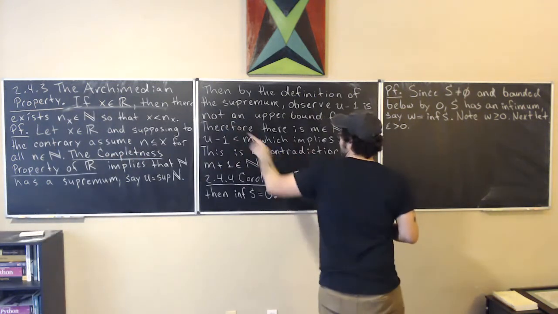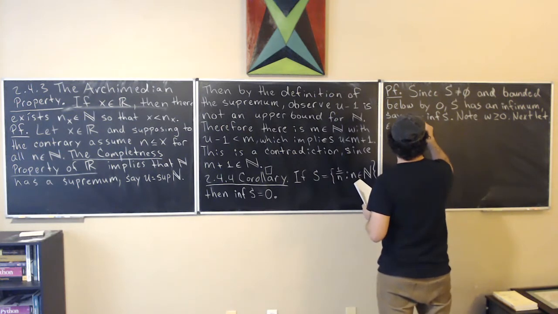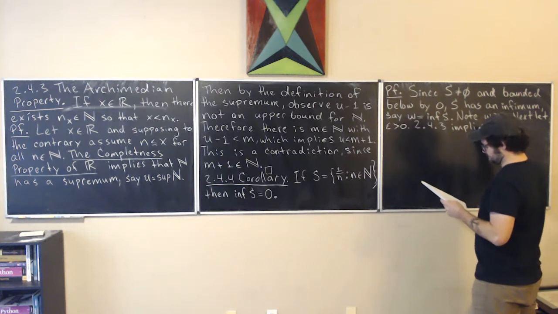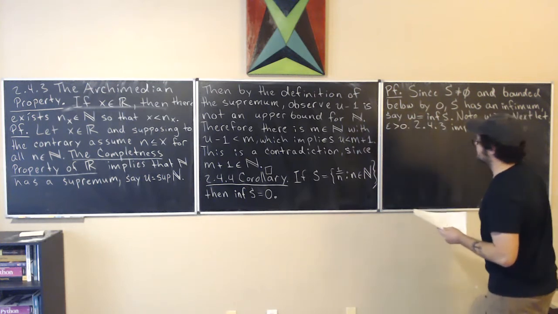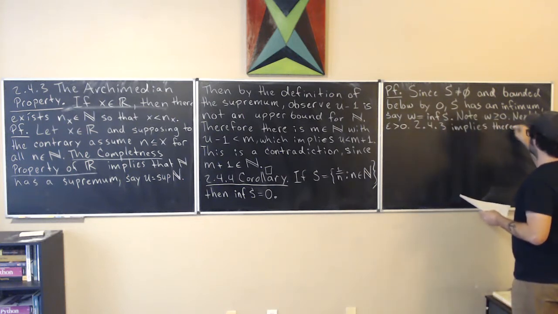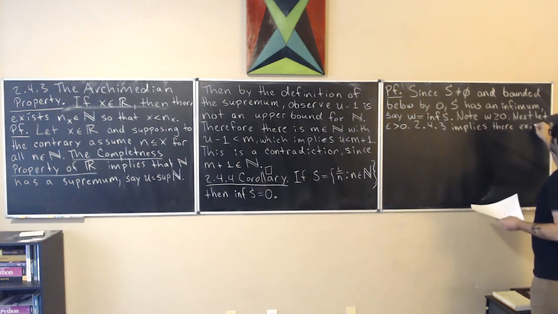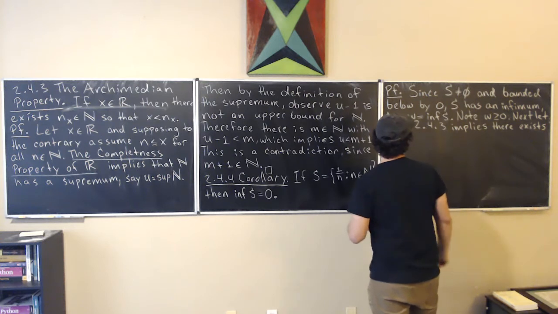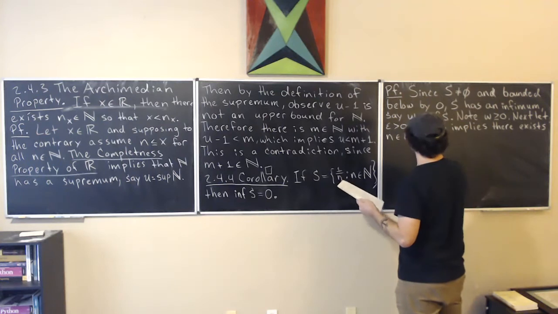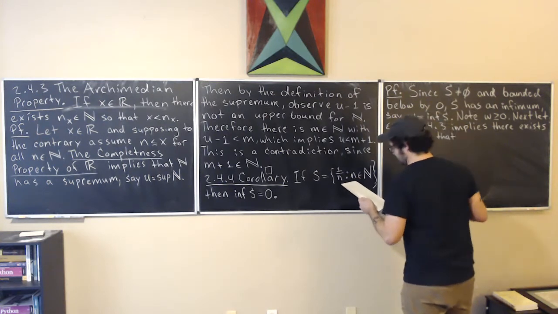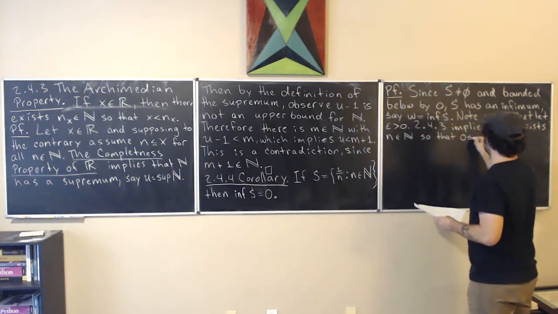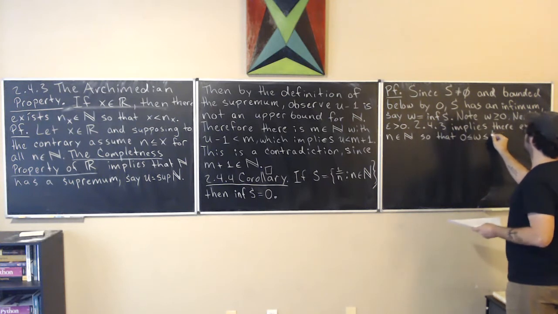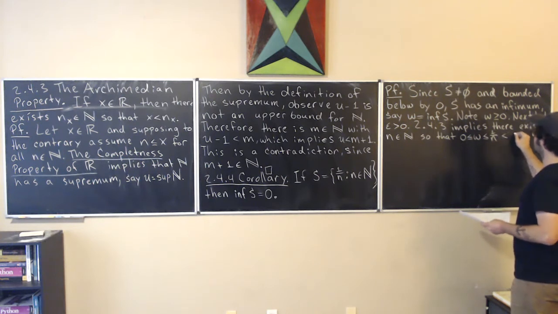So this implies there exists some natural number n so that 0 is less than or equal to W, which is less than or equal to 1 over n, which is less than epsilon.